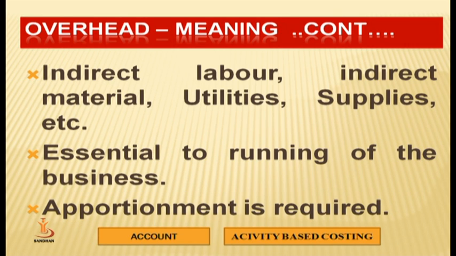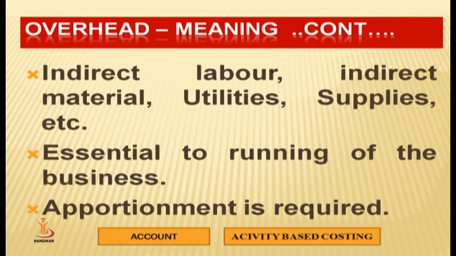Now why are these very complicated, why are these much more difficult as compared to direct material and direct labor? Because direct material and direct labor are directly traceable to the cost object, the product.